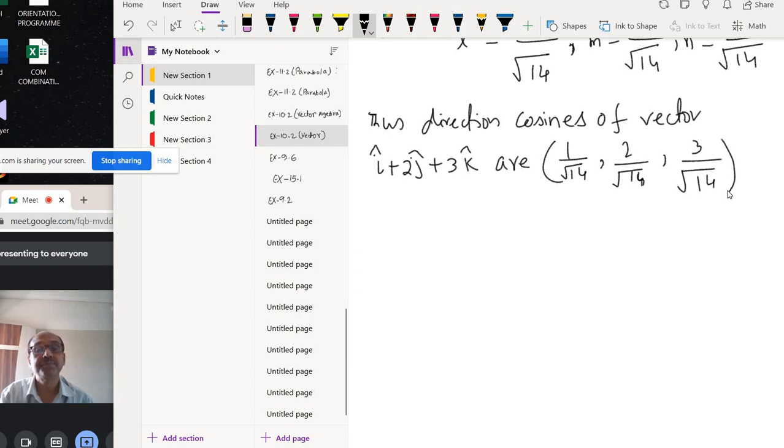Okay, this is the answer, direction cosines.